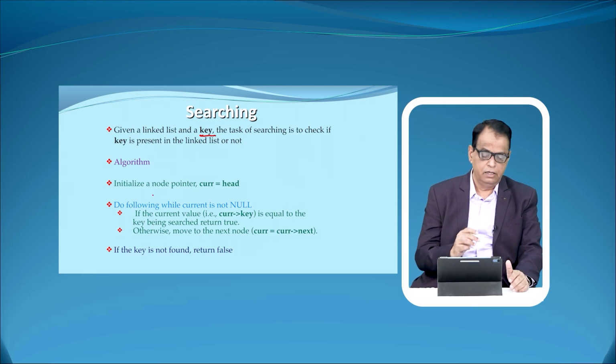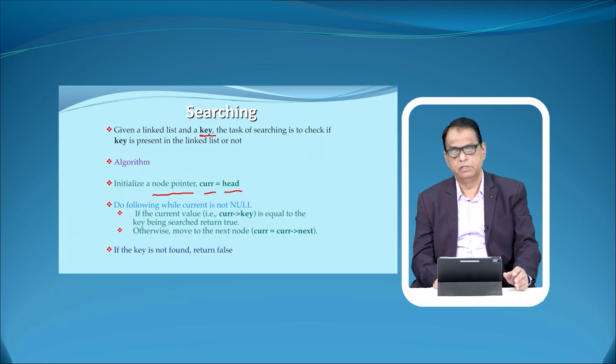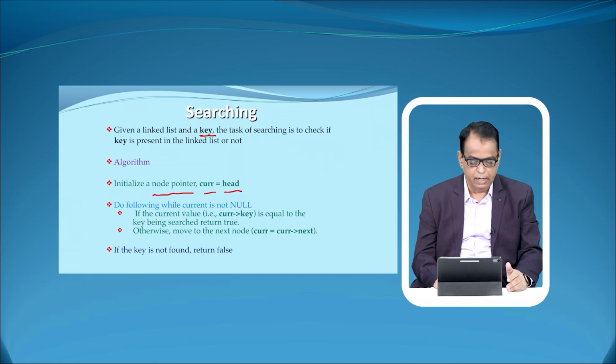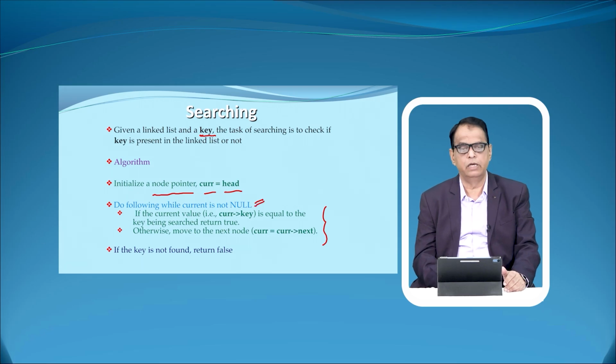Now we can write the steps of the algorithm as shown in this window. Initially we will initialize the node pointer current equal to head. Suppose our pointer is current, and it is initialized to the value of the head pointer. Then we will repeat these steps while current is not equal to null.